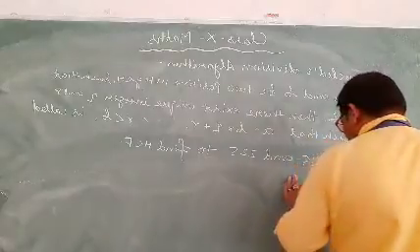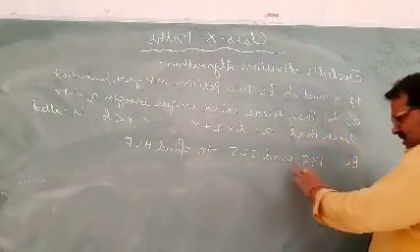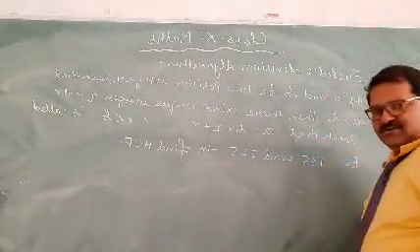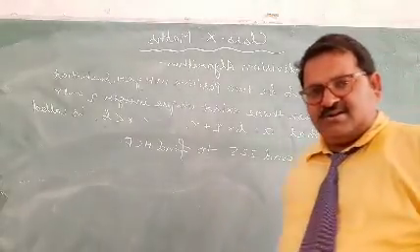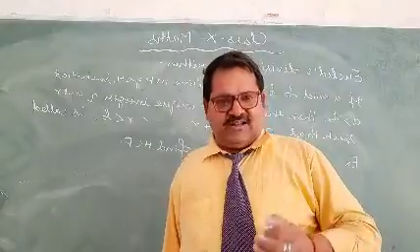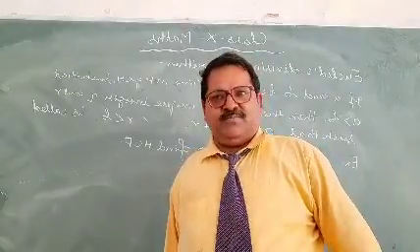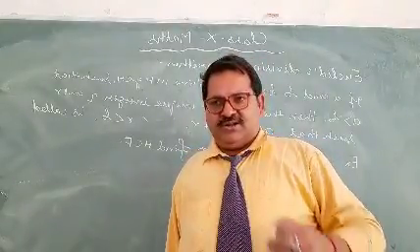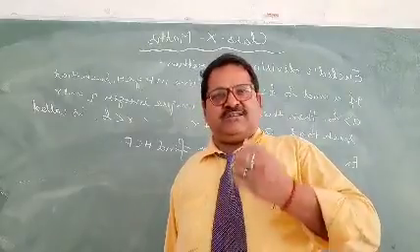Now 135 and 225 are positive integers. Then find the HCF by the Euclid division algorithm.